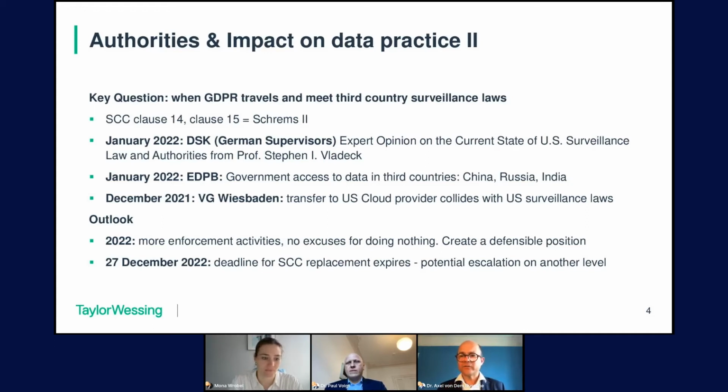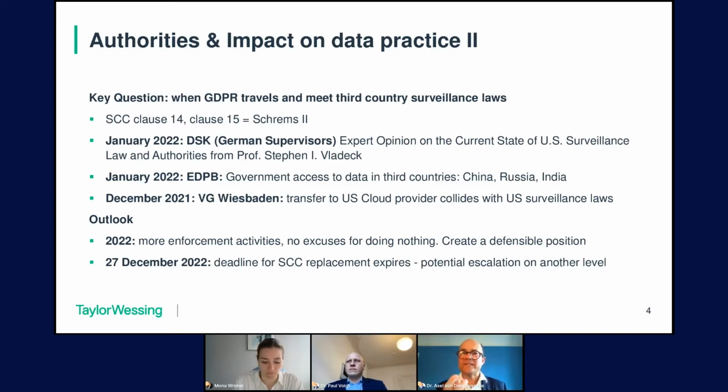Last bit, and then I hand over to Paul for the transfer impact assessment tool, the core of the core. There is one hidden deadline I would like to draw your attention to, and this is the 27th of December 2022, because by December 26 this year, all existing old standard contractual clauses need to be replaced by the new SCC, which are now in place.